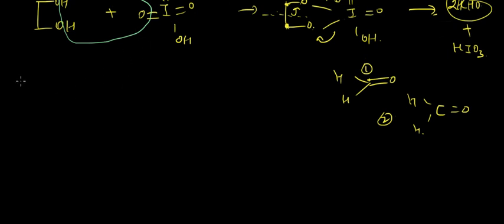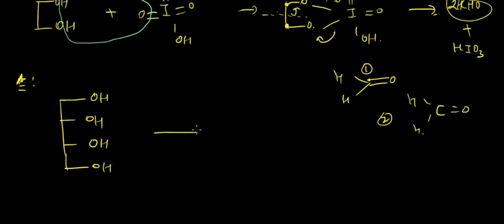So the short trick for finding the final compounds is clear to us: you just have to cleave the bond between two carbon atoms having OH and OH attached on either side. So what happens when it reacts with HIO4 minus?